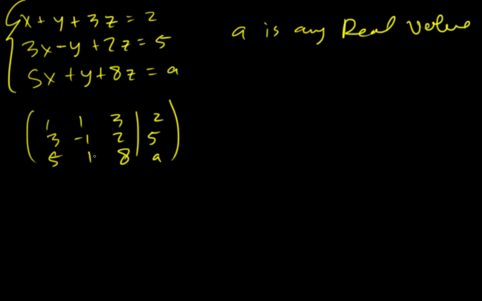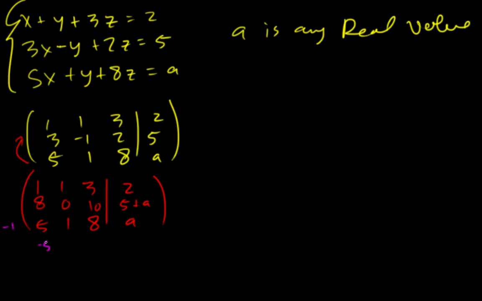Okay, I'm going to add the bottom to the second row. So that gives us 8, 0, 10, 5 plus A. And then we need to use the two rows that don't have a 0 to make a 0 above or below.